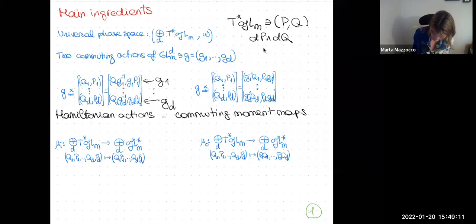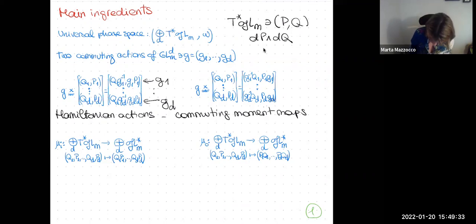The first one, for the inner action, I will denote by mu I. And it will map my element to the D copies of the Lie coalgebra of GLM.